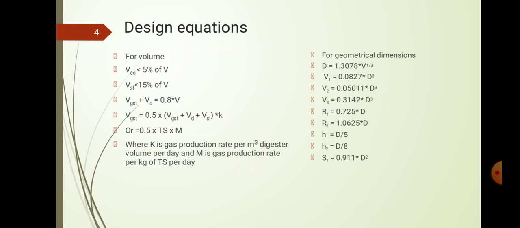Then surface area S1 is 0.911 into D square, S2 is 0.83545 into D square. So these are the empirical relations used for finding out R1, R2, H1, H2, etc., the height, diameter and radius of the hemispherical part and other things.